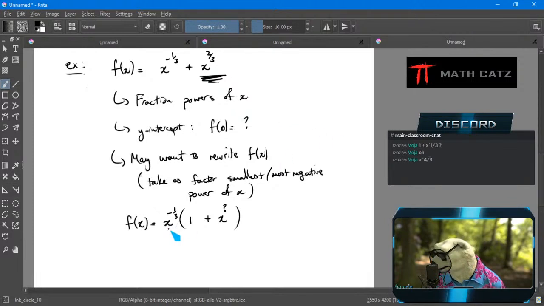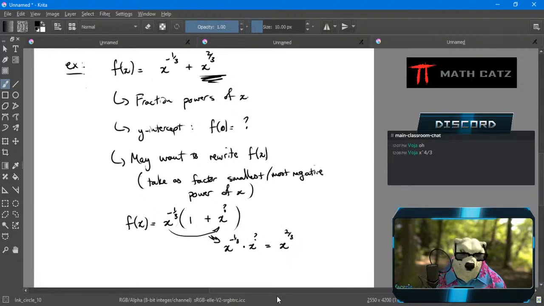So now when I multiply this in, I'm going to get, let's put it over here, x to the negative 1/3 times x to the something. And I want that to result in x to the 2/3. Okay? I don't know. I'm trying to find what's that question mark. I know my target.